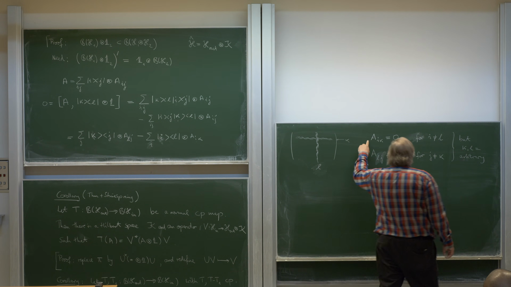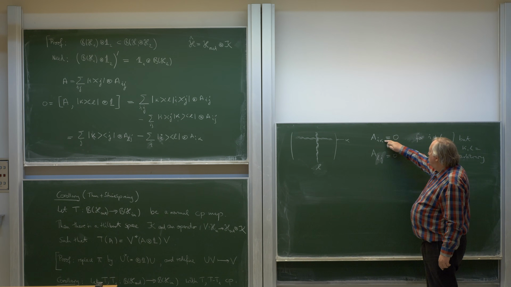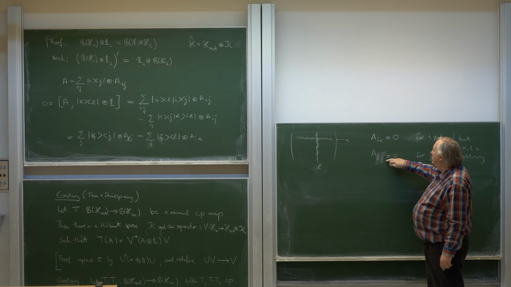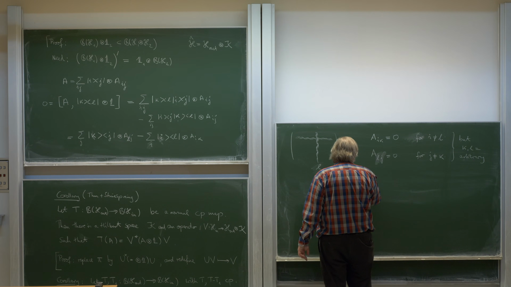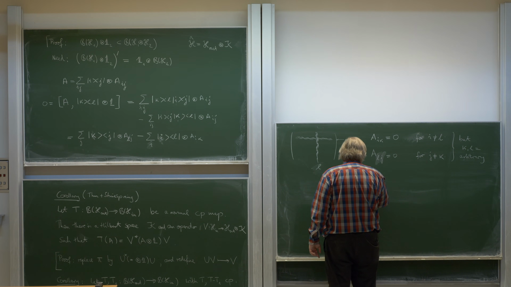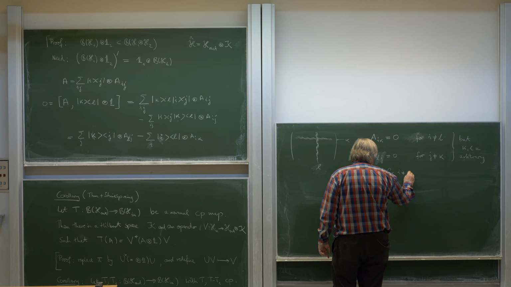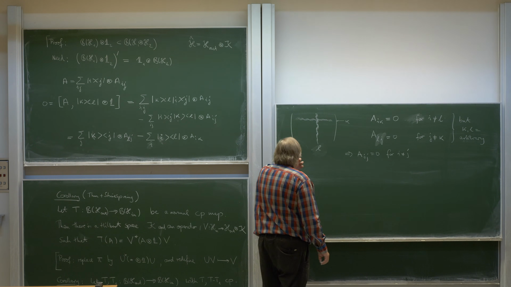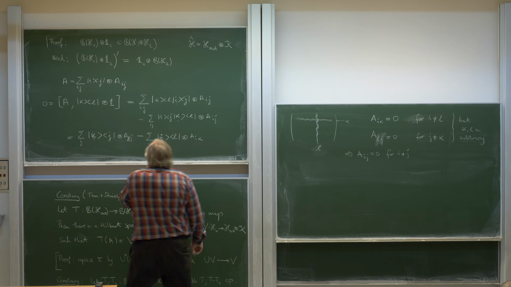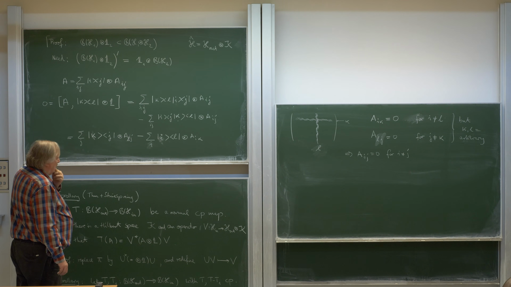So certainly this means that if we put k equal to L and arbitrary, and we let this run, then we find that all off-diagonal elements are 0. Right? So now that the thing is diagonal, we can simplify the commutator a little bit.